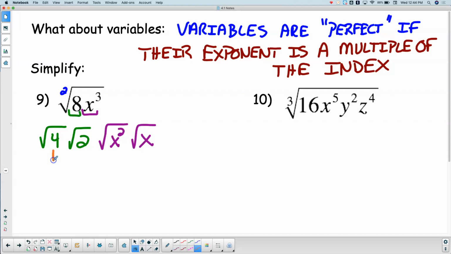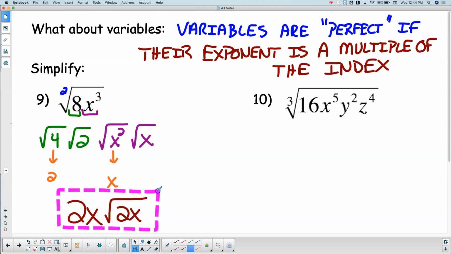The 4, the square root of 4, that becomes a 2, and outie. The square root of x squared becomes x, that's an outie. Those two get multiplied together, 2x. The 2 and the x are still innies, so those two combine to be the square root of 2x. So you get 2x times the square root of 2x. You try number 10.